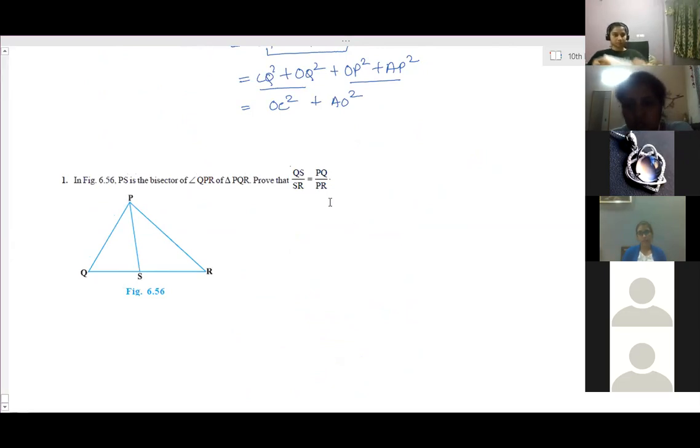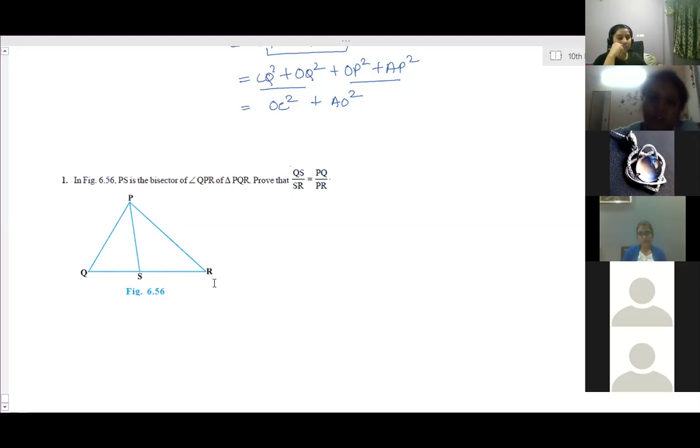This is actually a theorem, called the angle bisector theorem. If PS is the bisector of angle QPR, then QS by SR is equal to PQ by PR.